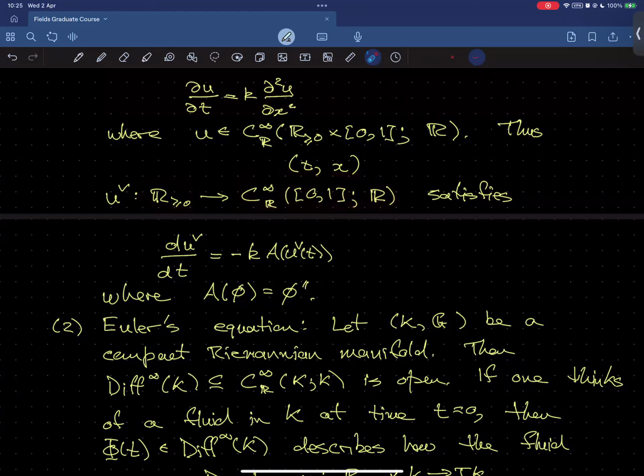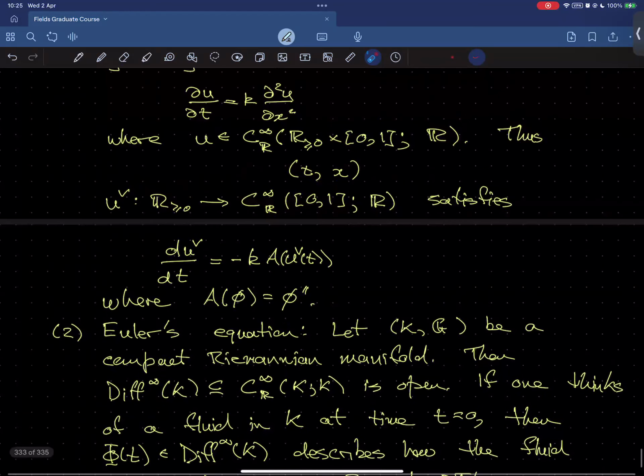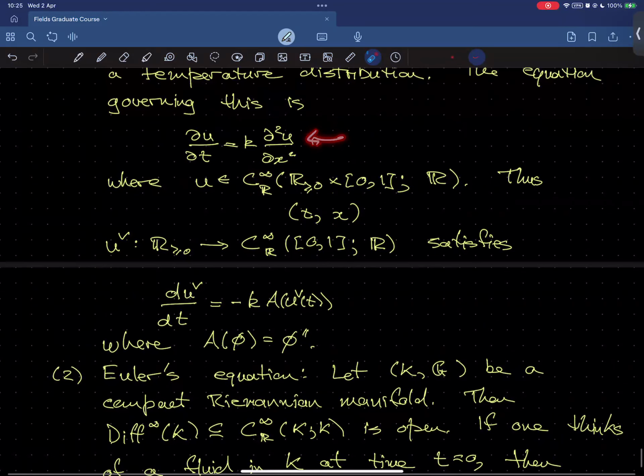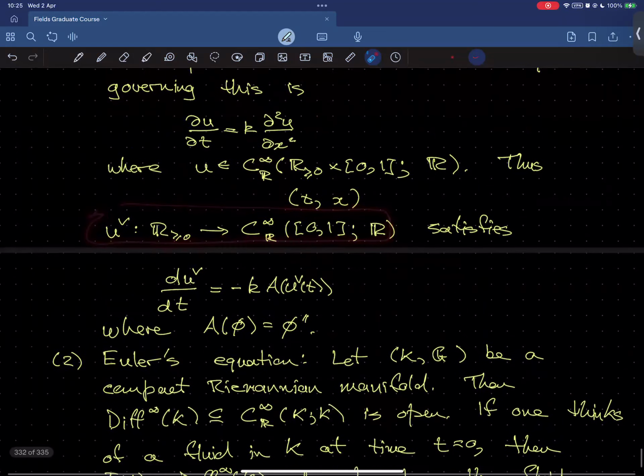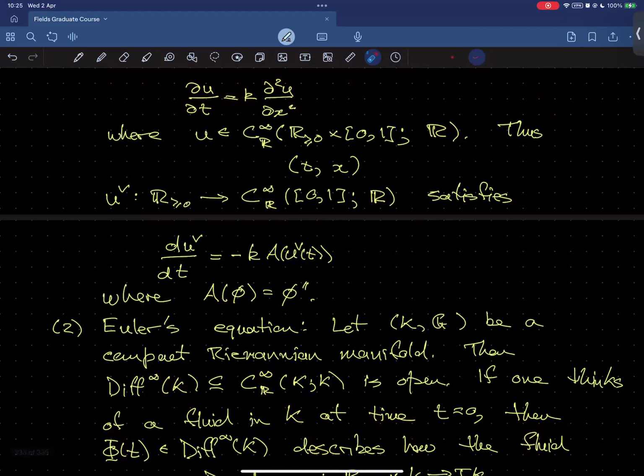So that's an evolution equation, a time-dependent family of mappings. And what does this equation look like when I use this representation? Well, it literally says this. It says that I take this mapping, which depends on time, and I differentiate it d by dt. Okay, so take its normal t derivative, right?